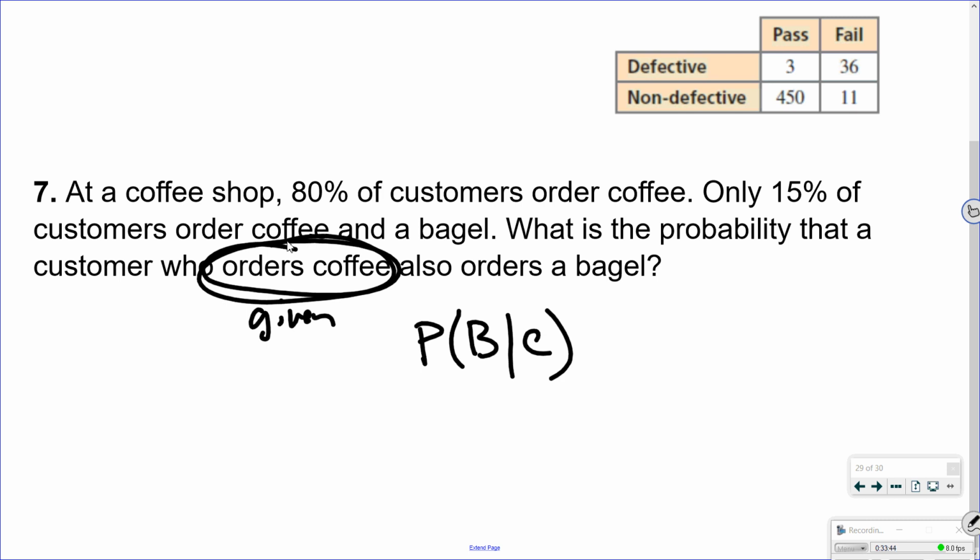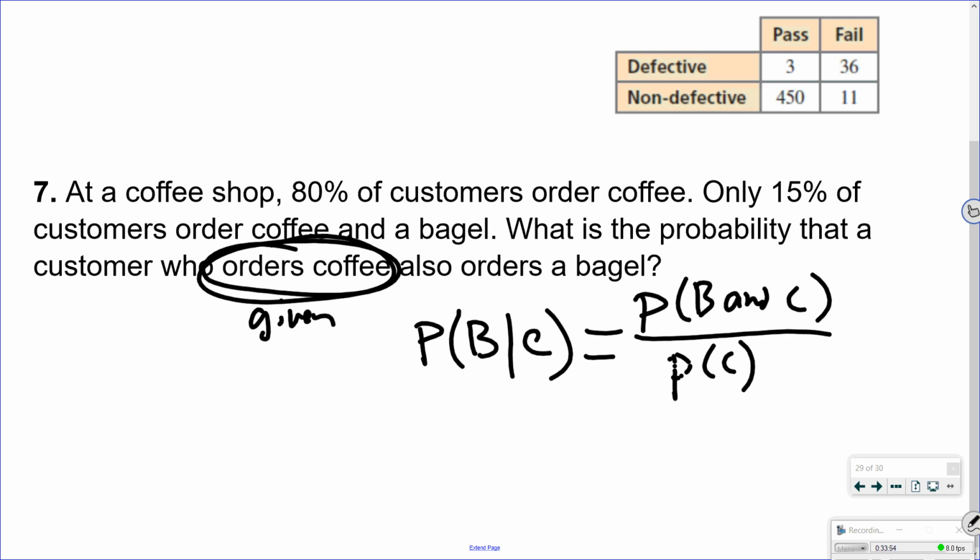Okay, set up our formula. The formula is this. The probability of a bagel and coffee divided by the probability of the given. The probability that they ordered coffee. And it will tell you these numbers in here, right? At a coffee shop, 80% of the customers order coffee. Hey, that's that right there. So that's going to be 0.8 on the bottom.